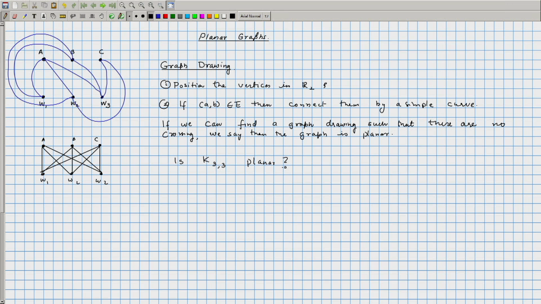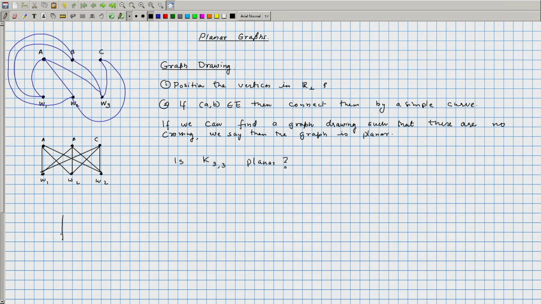What we will show is that K33 is not planar, and what will help us do that is something known as Euler's theorem. Let us see one more example of planarity.